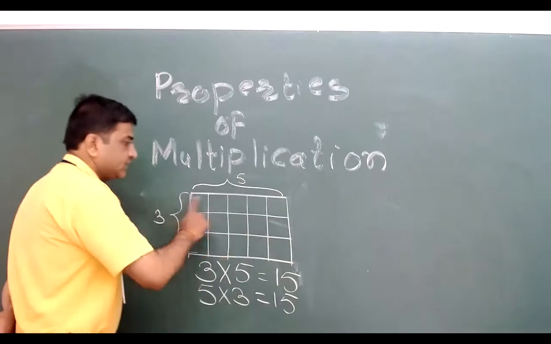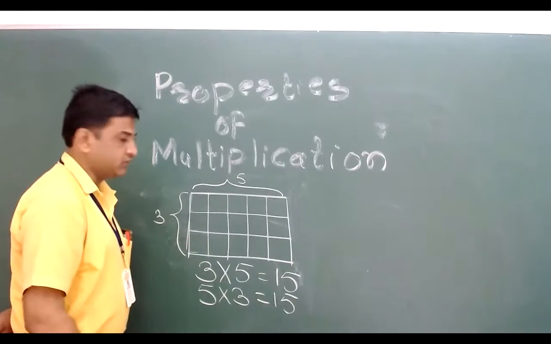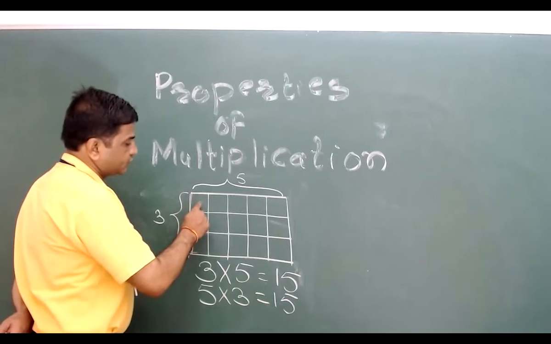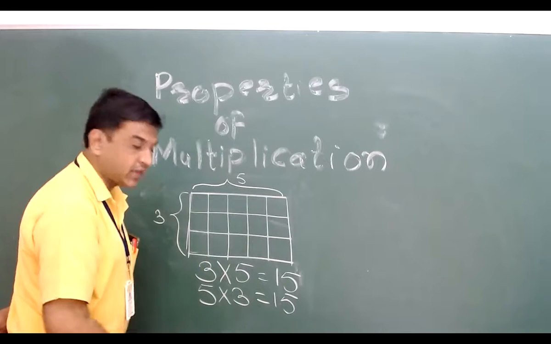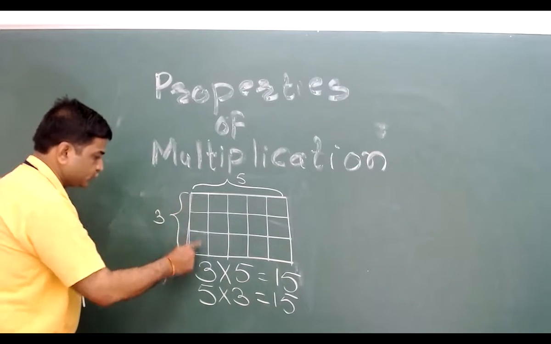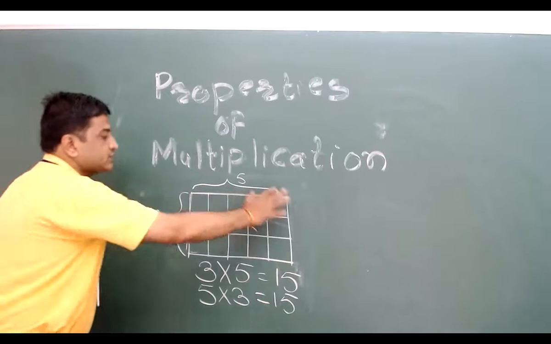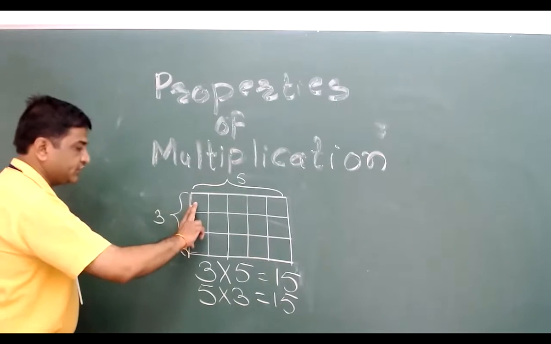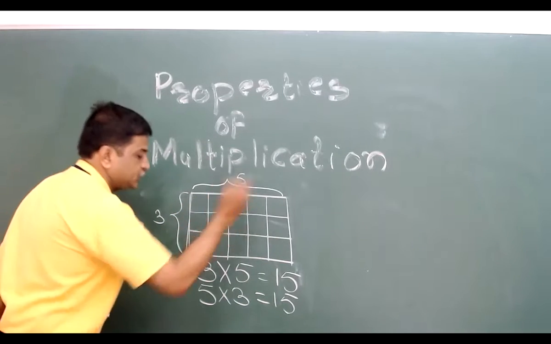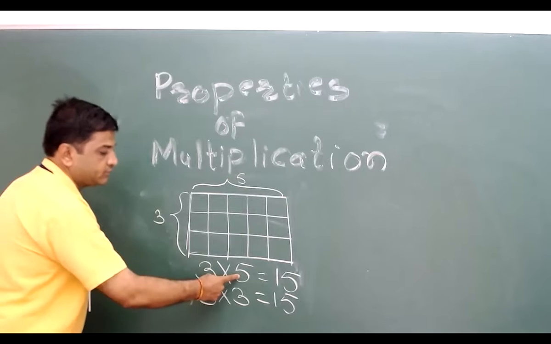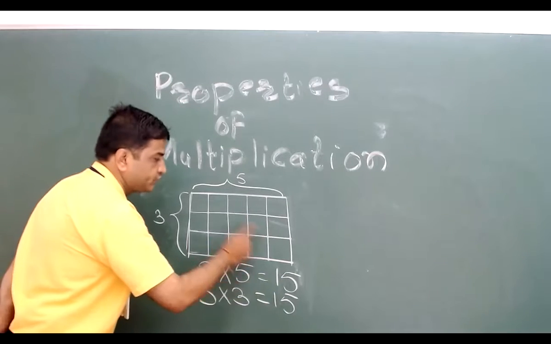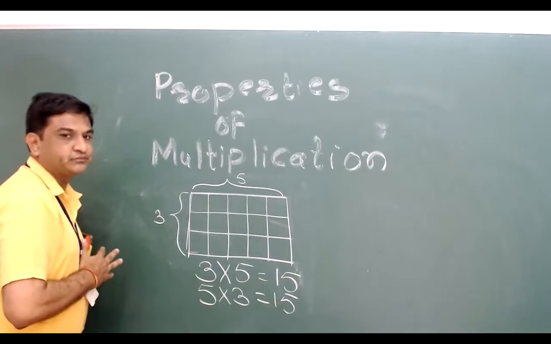Now, you can see that there is an arrangement of boxes in which there are 5 columns: 1, 2, 3, 4, and 5, and there are 3 rows: 1, 2, 3. Well, I can write this arrangement as 3 rows of 5 boxes each. So there are a total of 15 boxes in this arrangement.